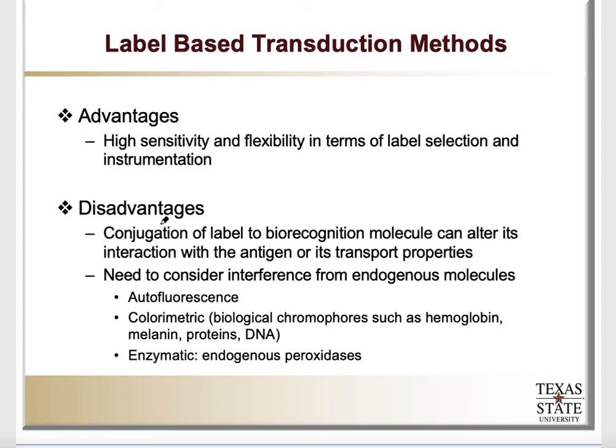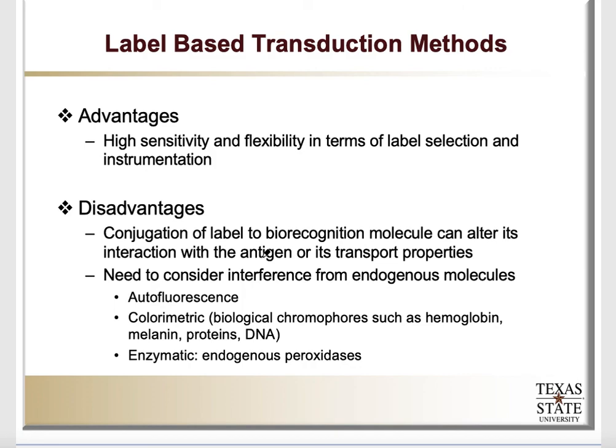The disadvantages, first of all, the conjugation of the label to the biorecognition molecule can sometimes alter its ability to bind to the antigen. For example, if I'm trying to label my antibody with a fluorescent molecule, I can label it by utilizing chemistry that uses some of the primary amines on that protein. But I don't really have the ability to select this one amine group versus that other amine group. I'm going to be labeling wherever I have amine groups.